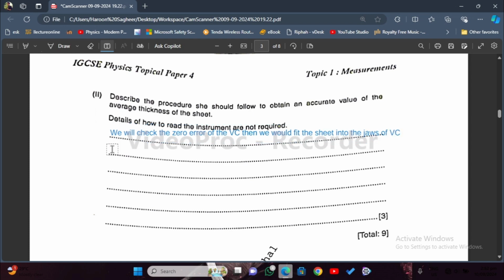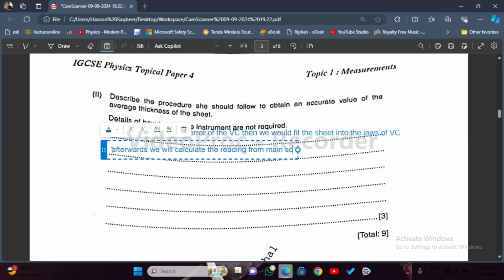Okay. Afterwards, we will calculate the reading from main scale and vernier scale.